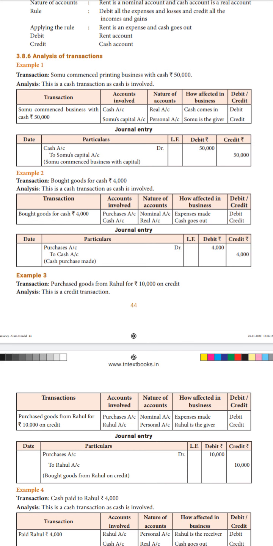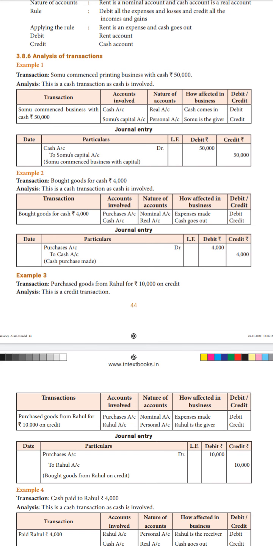Whenever you purchase any stock, it is to be treated as purchases account. Purchases account is a nominal account. You can refer to the table I have given as account classification, where I have written nominal account, under which you have your purchases account also.